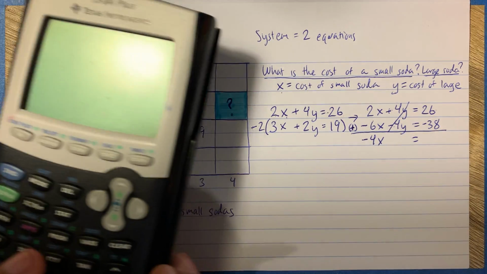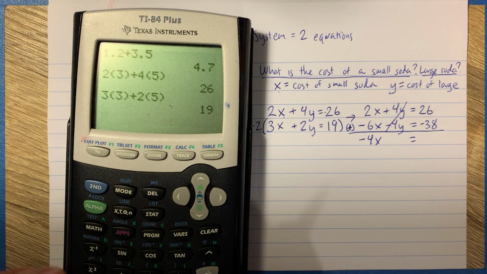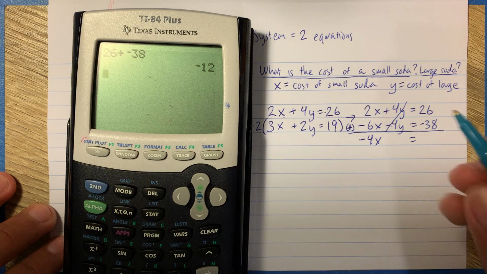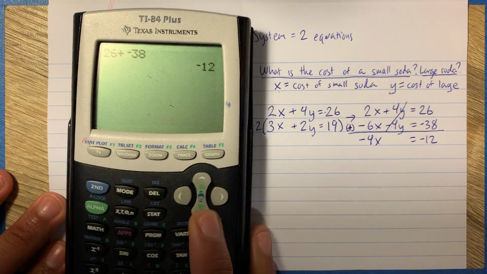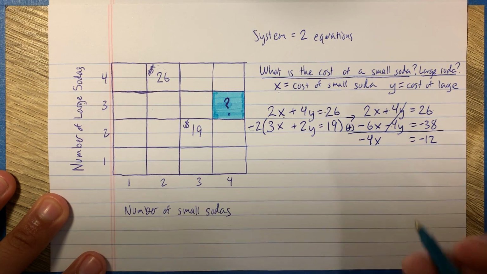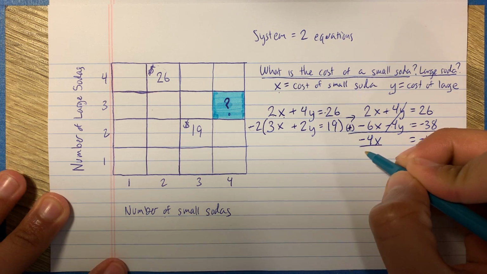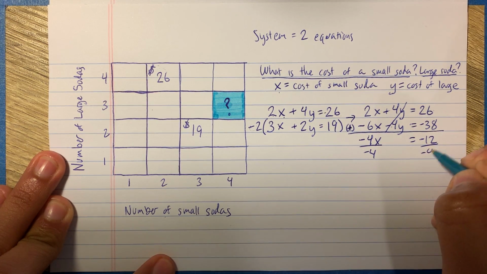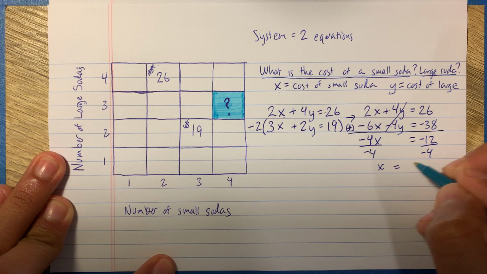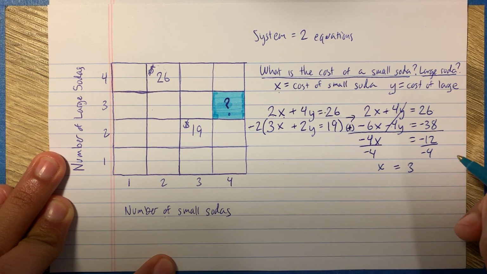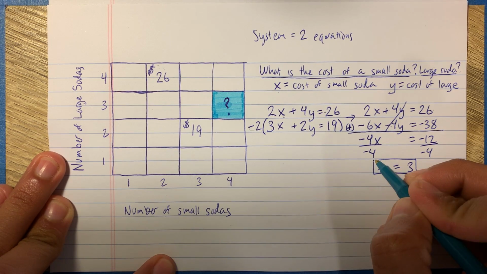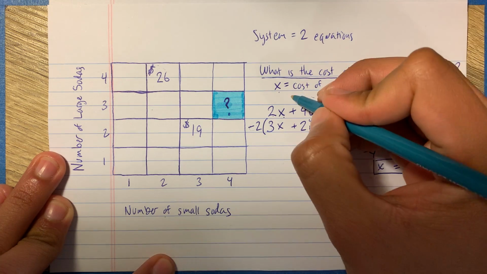I could do the mental math, or I'm just going to use my calculator real quick. 26 plus -38 gets me -12. And now we have a super simple equation. We just have to divide both sides by -4, and I know that x will be 3. So I just found the cost of a small soda.